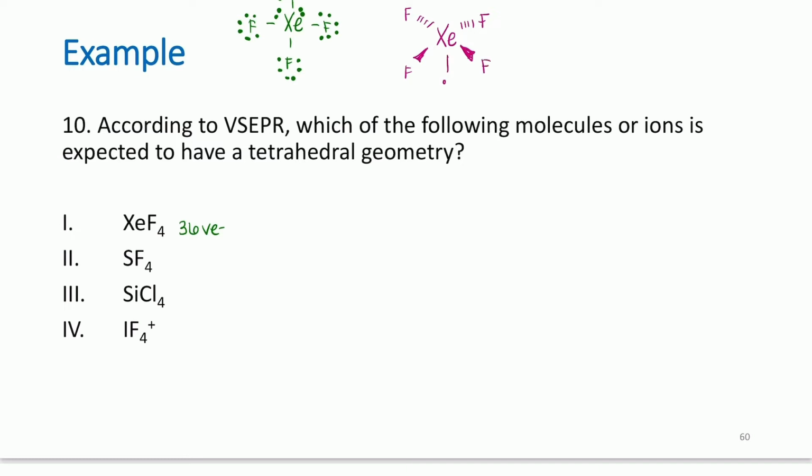So it's just like the one we just looked at, where it's a square planar geometry. SF4. Fluorine, 7 valence electrons, and there's 4 of them, so 28. Sulfur has 6 valence electrons, 28 plus 6 is 34.